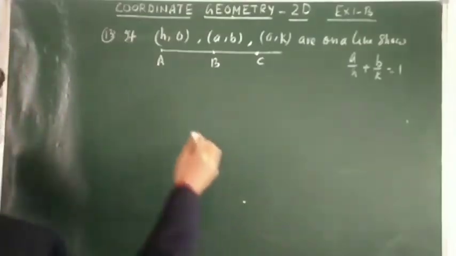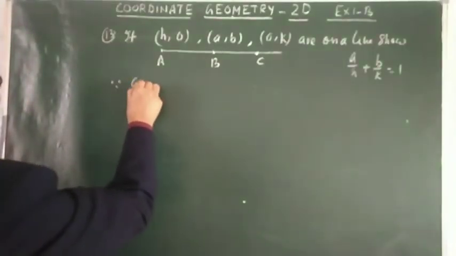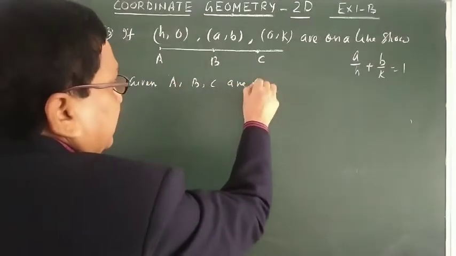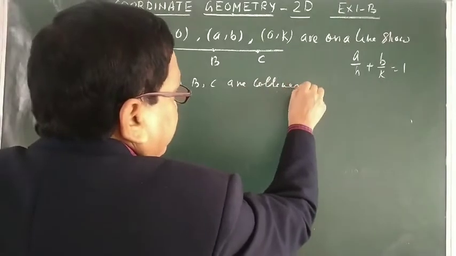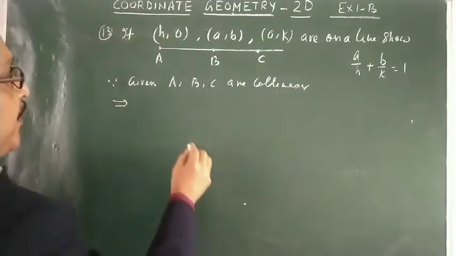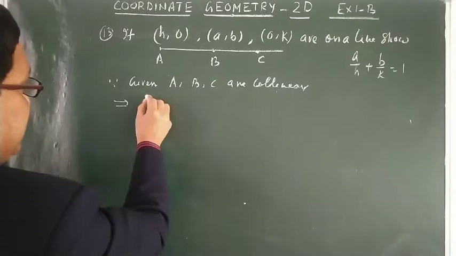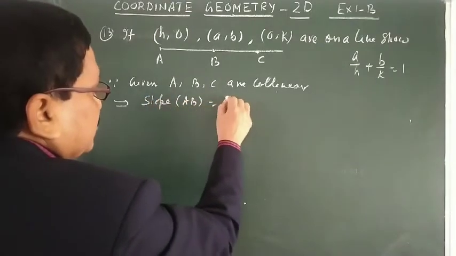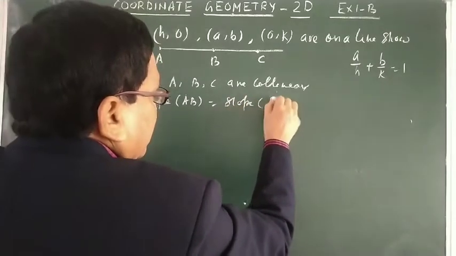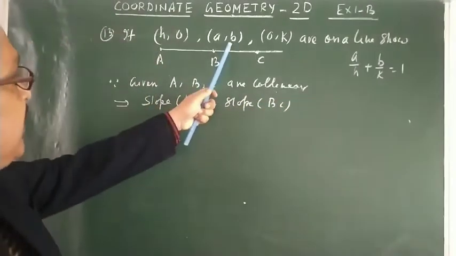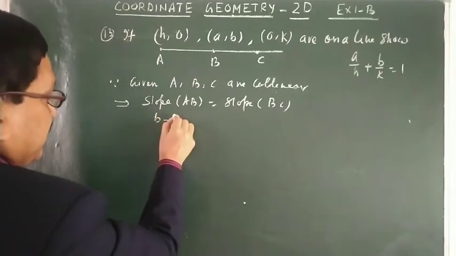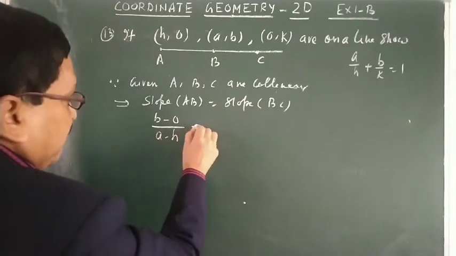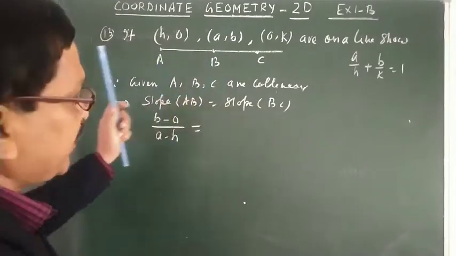Now since ABC are collinear, this implies slope of AB must be equal to slope of BC. Slope AB is B minus 0 by A minus H, formula y2 minus y1 by x2 minus x1.